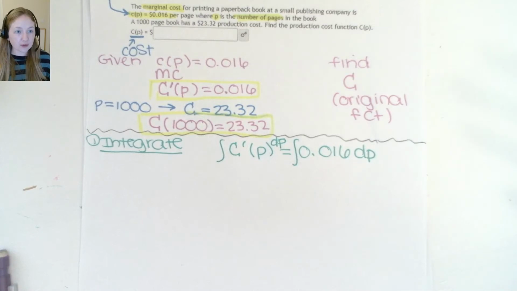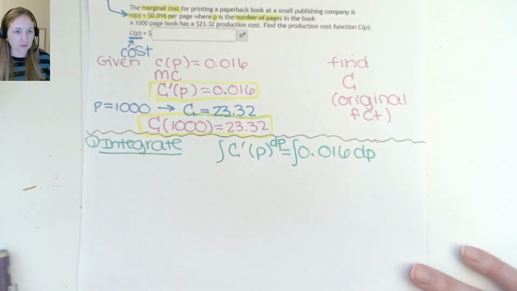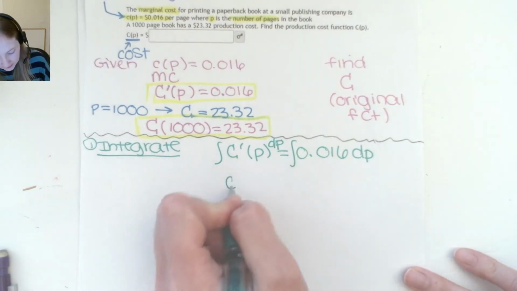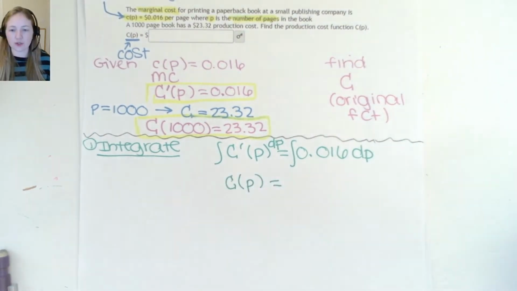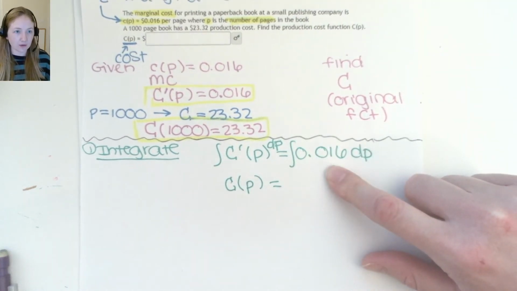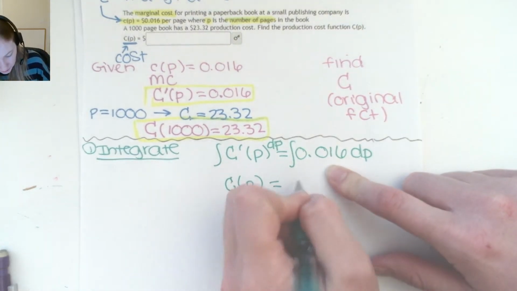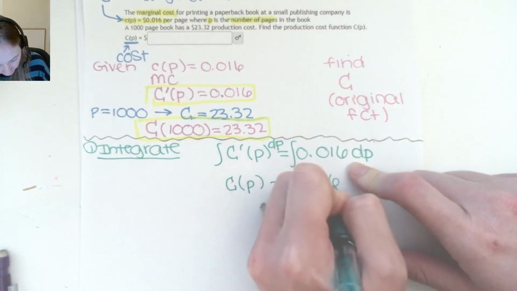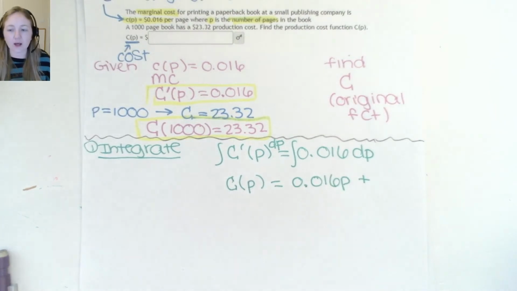Now, just like we did on the previous page, the integral and derivative are going to cancel because they undo each other. So that gives us capital C of P is equal to, and here our 0.016, that's a standalone constant. And remember, with antiderivatives, that standalone constant is going to get a P attached, plus a constant.